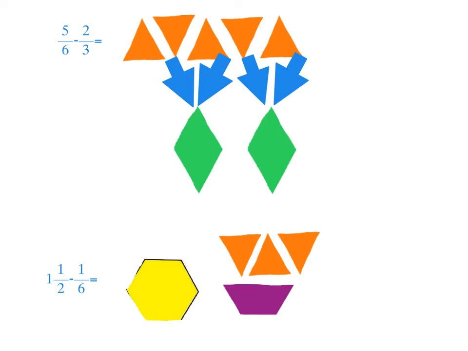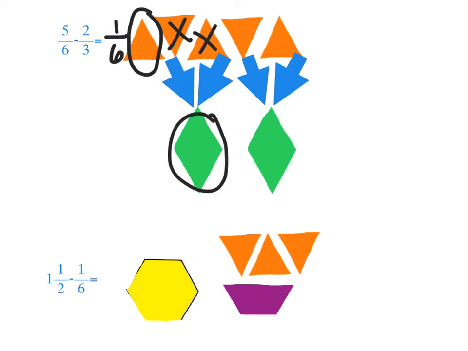So if I'm going to subtract 2/3, that means I'm going to have 1/6 left, because the only thing I have left is this one little triangle right there after I've used that one and that one for this, and I've used this one and this one for this.